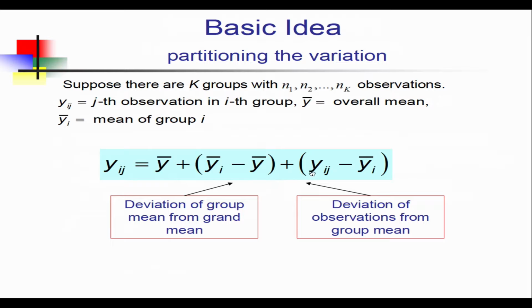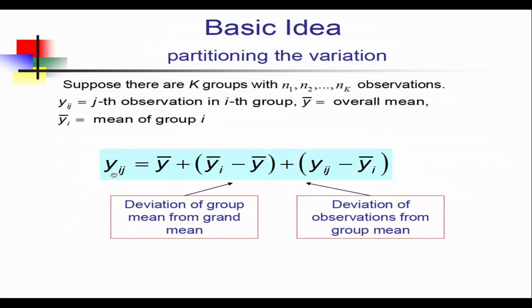Is that okay? You can see that plus Yi bar minus Yi bar, plus Y bar minus Y bar, those cancel out, and it is still Yij. But in this way, we can partition the overall variance into different parts. You will see later. So you understand how I got this equation, right?